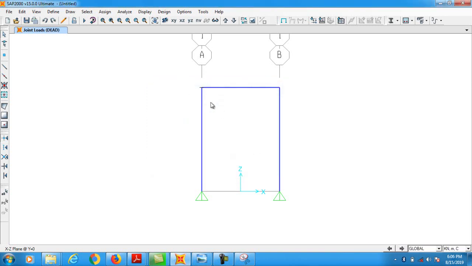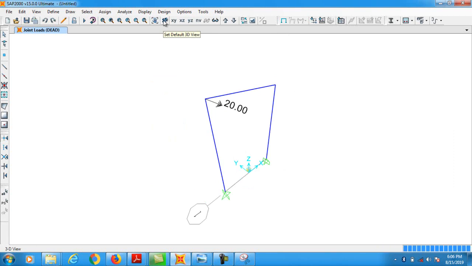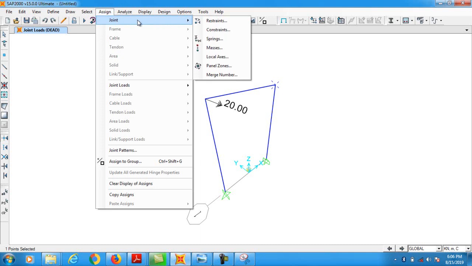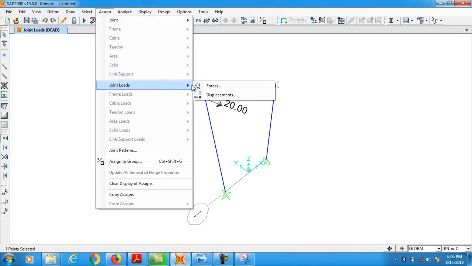Okay, the moment is assigned. If you want to see it, this one. So this is the sign of anti-clockwise direction. If it is in this direction, from right to left, then it will be positive, or you can say clockwise moment. So I select this joint now, and there I have assigned a joint moment.